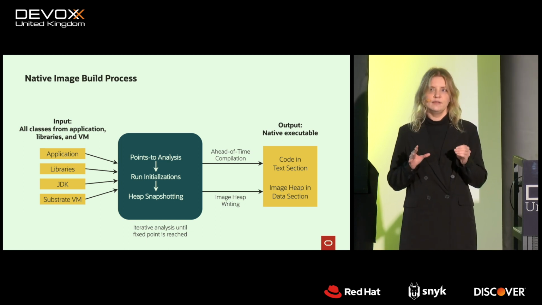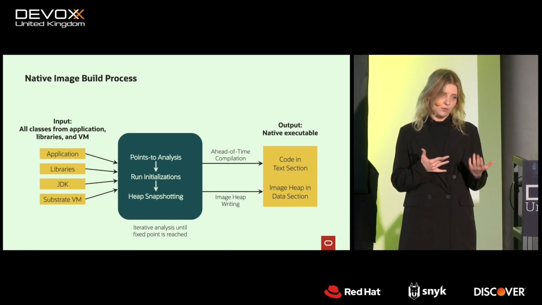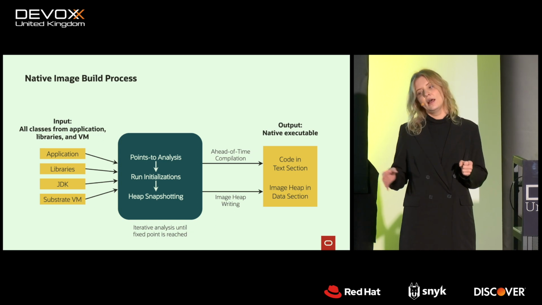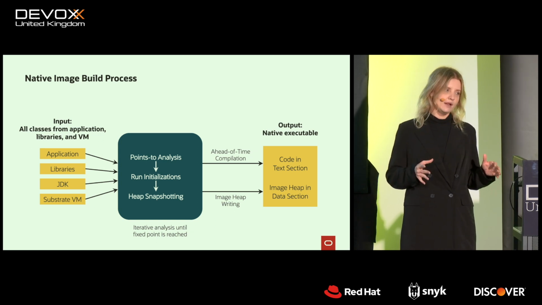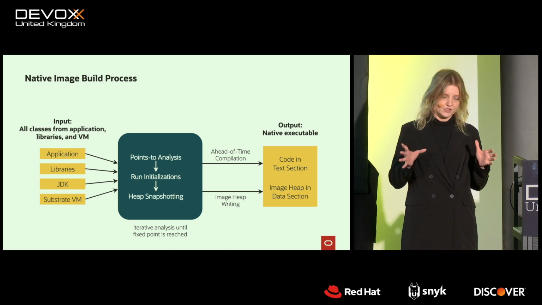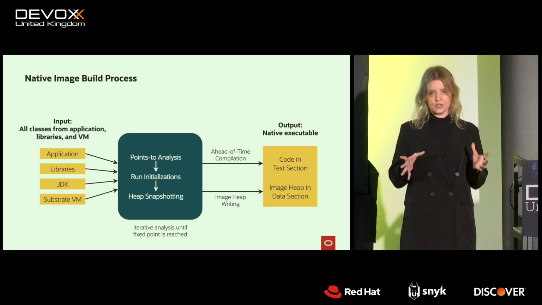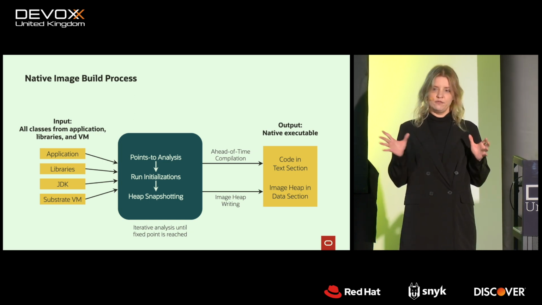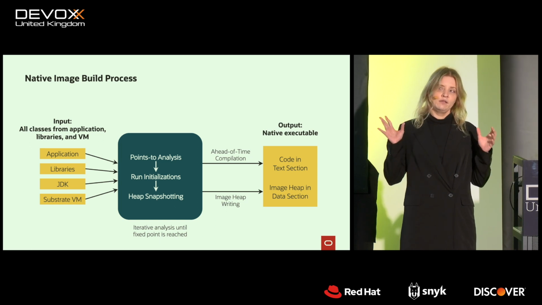So only the code that does something valuable that contributes to your application functionality will be included in this native executable, and the rest will be eliminated to make this executable small and lightweight and efficient. And this applies to your application code, but it also applies to the dependencies that it's relying on and the JDK classes. So it will try to find all the reachable code so that it can include it in the binary and eliminate everything else.